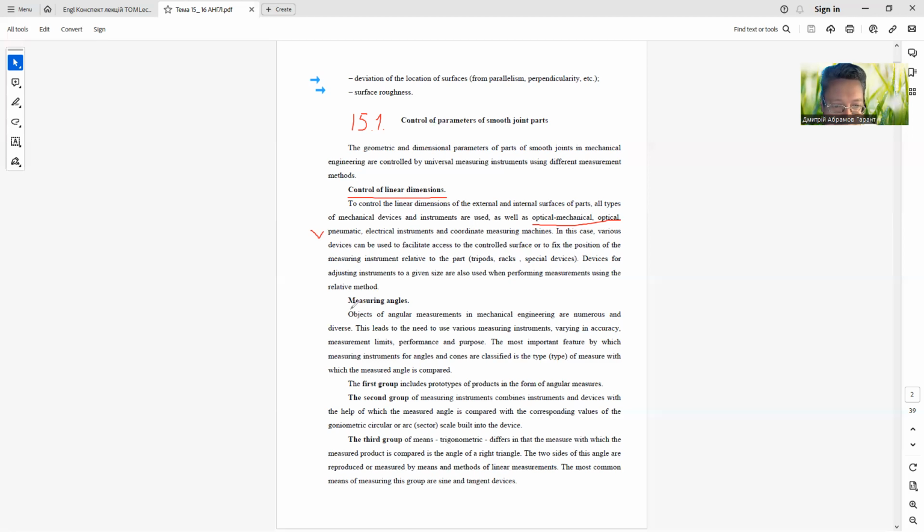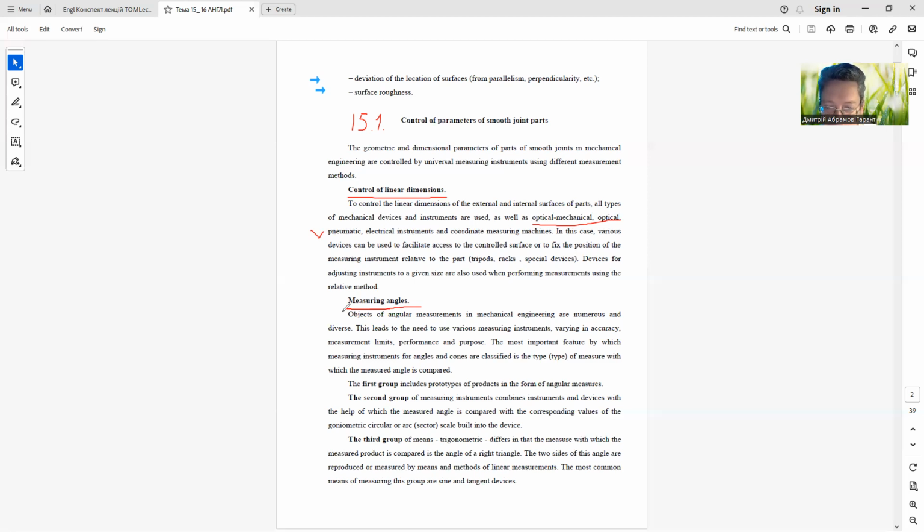Measuring angles. Objects of angular measurements in mechanical engineering are numerous and diverse. This leads to the need to use various measuring instruments varying in accuracy, measurement limits, performance, and purpose.